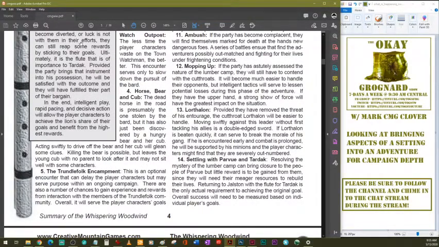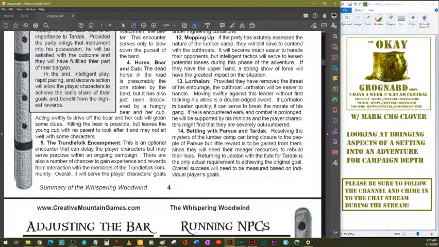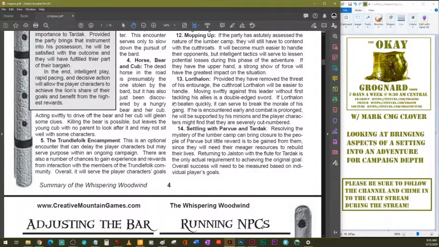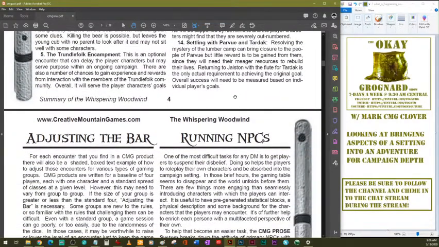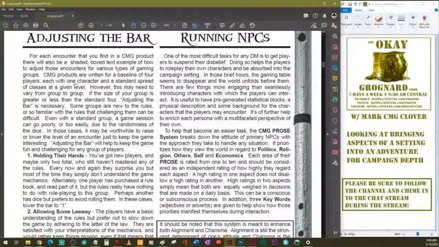Although in this case, it's the town. In the adventure I've been running lately, it's the town that was oppressed and taken over, and the lumber camp is nearby and was left undisturbed because the people that took over the town were enjoying the income that was being generated by the lumber camp. So they did not want to staunch that. Then you go back and deal with Parview after you've helped them out.